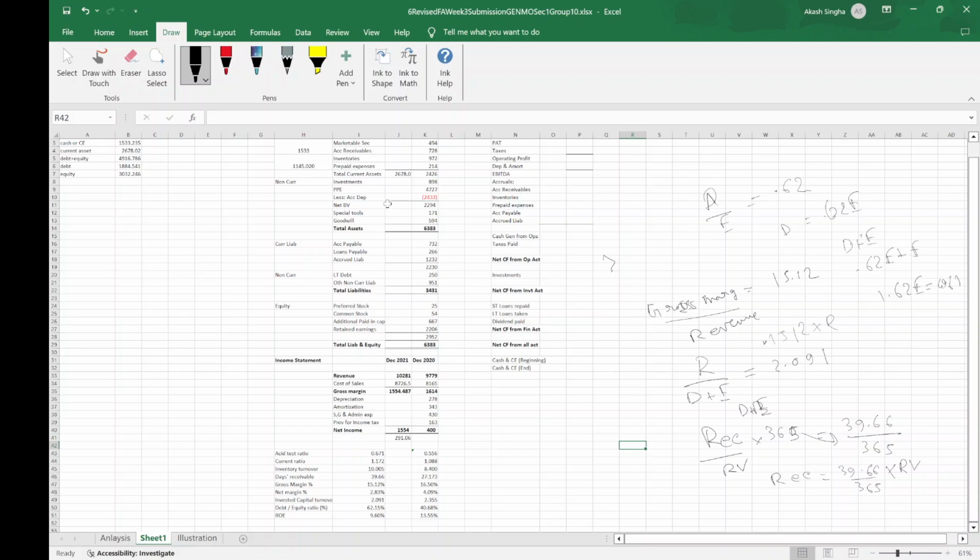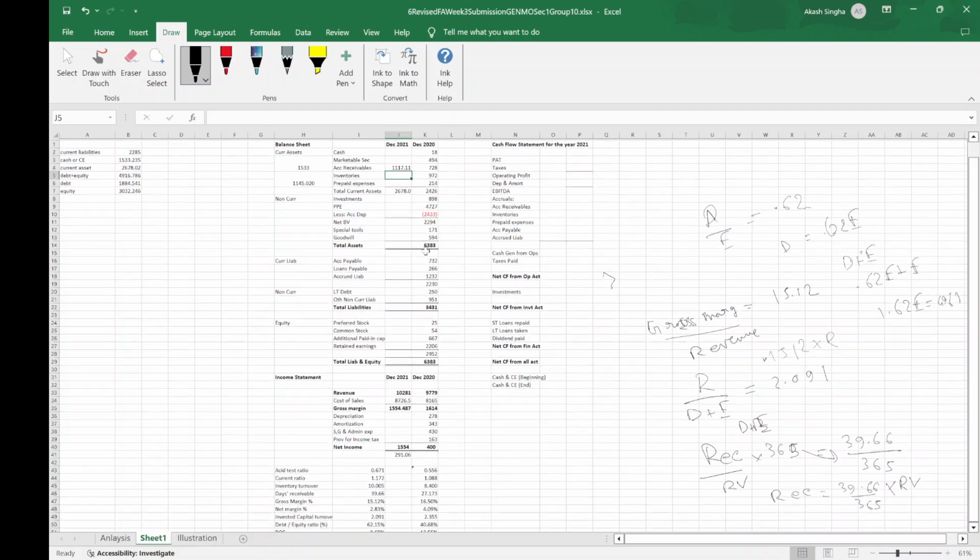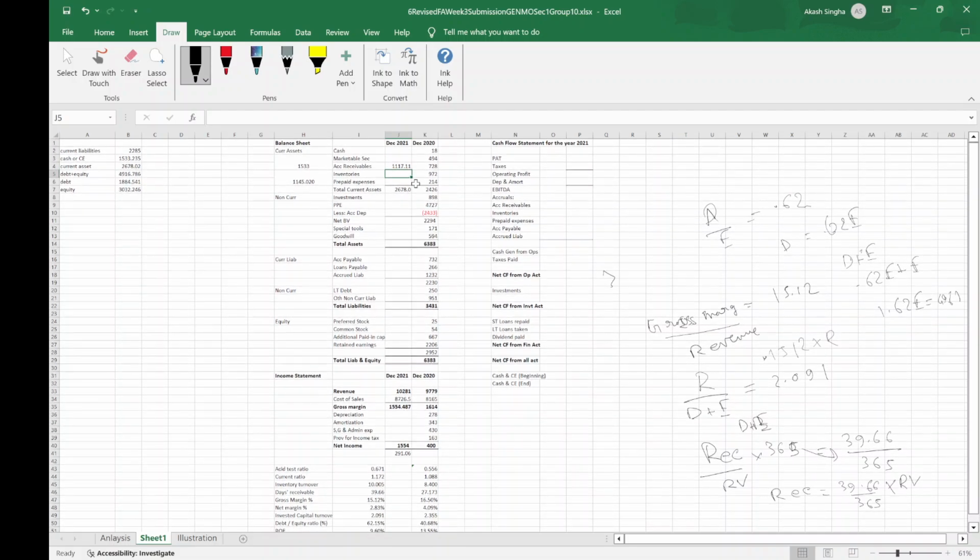So receivables should be 39.66 by 365 into revenue, which is 1117, right? Receivables, yeah.